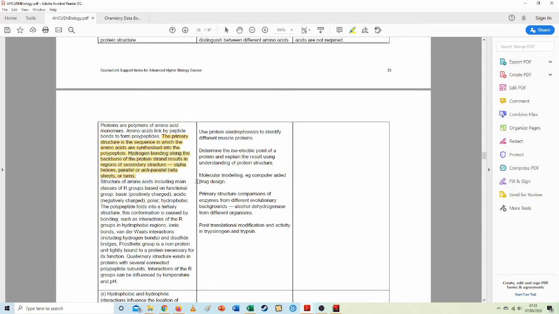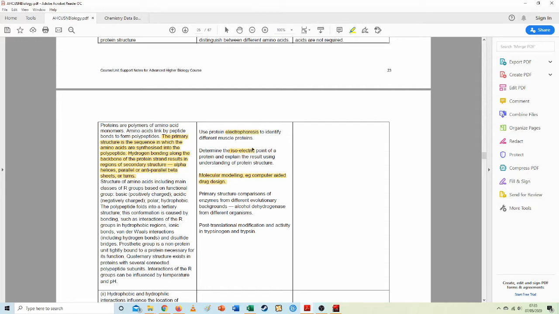Now, this bit here, I want to show you the pI stuff, and there's this word isoelectric that has come up in the documents, so we need to cover that. We want to cover electrophoresis as well.